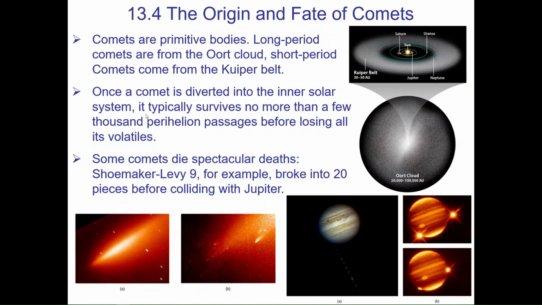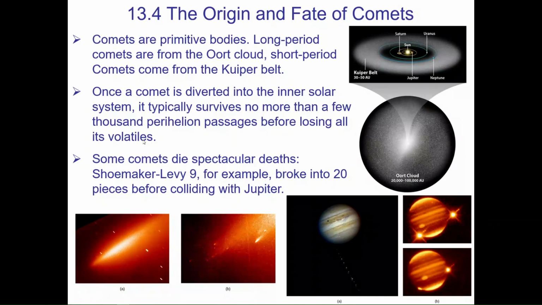Typically, comets survive no more than a few thousand perihelion passages. That means they will only survive a few thousand orbits around the sun, getting very close to the sun, before losing all their gas, dust, and other volatile material that can easily evaporate.